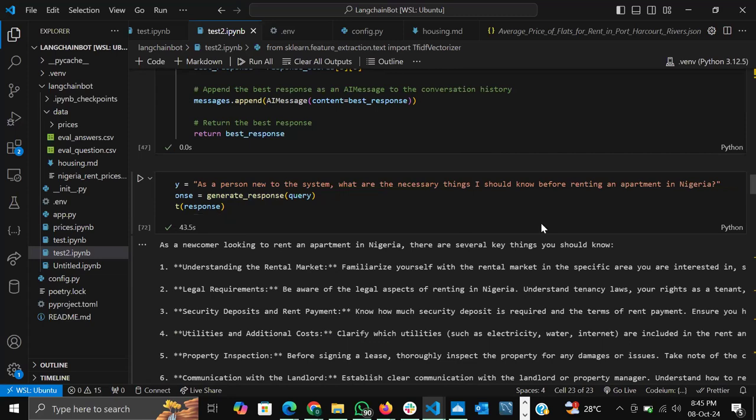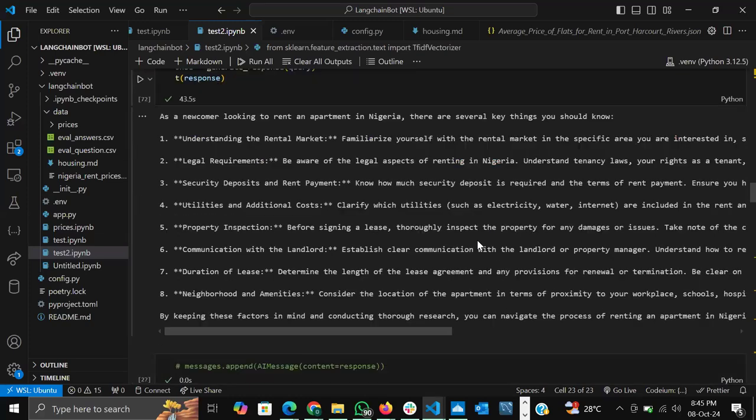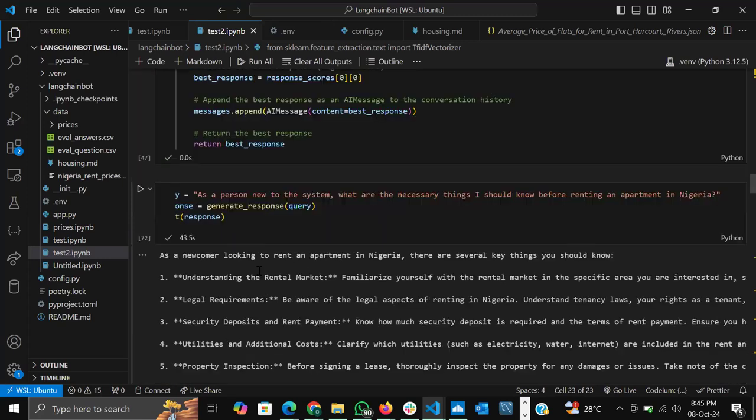Say a person who is trying to move to Nigeria for any reason and wants to know the processes it takes before renting an apartment in Nigeria. And it gave this response, the kind of steps that should be taken, talking about carefulness and legal requirements, security, the utilities in the apartment, inspection, and communication with the property owner, and so much more.